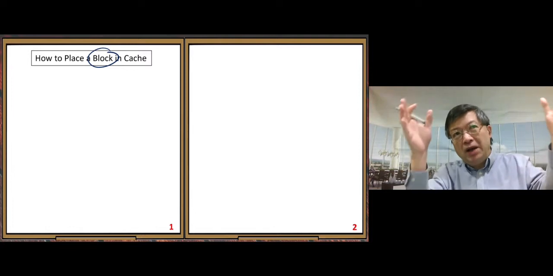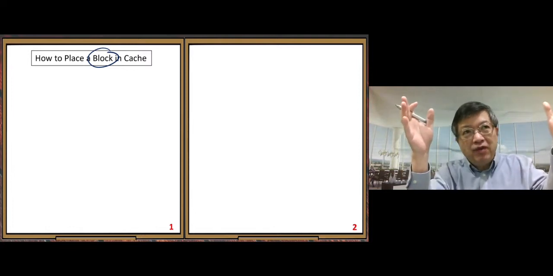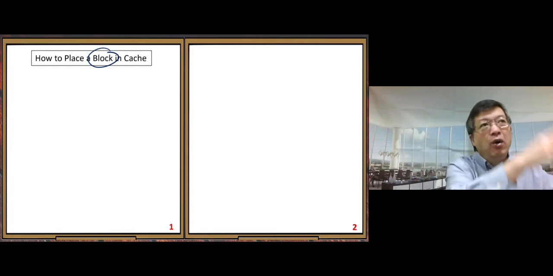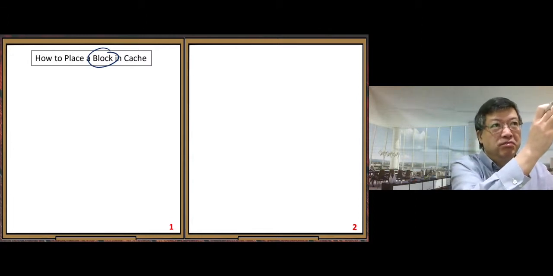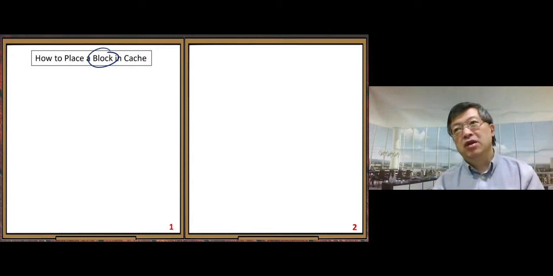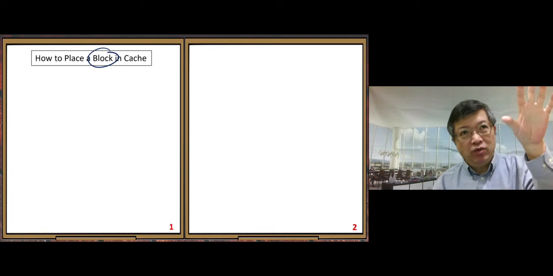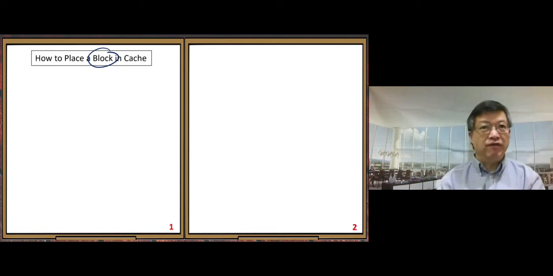So one block of data from main memory into the cache. There are many different ways. Which way is the best? Which way is the most efficient way? We want to answer that question first.